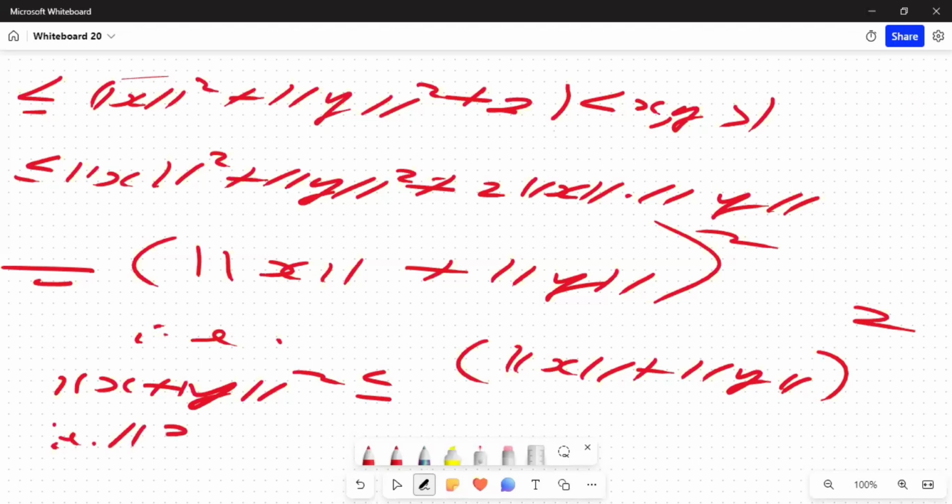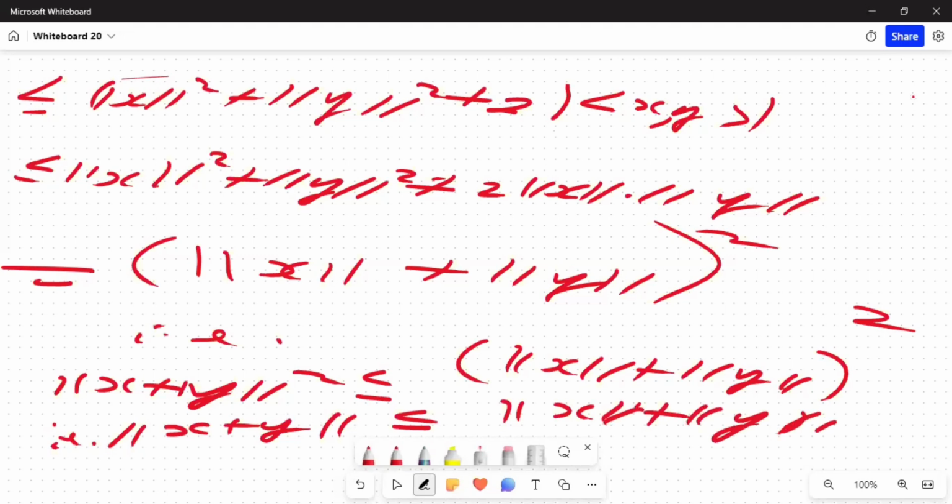What have you got? Norm of x plus y is less than or equal to norm of x plus norm of y. This is the triangle inequality that we are looking for, is it not? This is the triangle inequality for N3. Yes, sir, that is N3. So that's justifying N3. Okay, that's fine. That's that property.